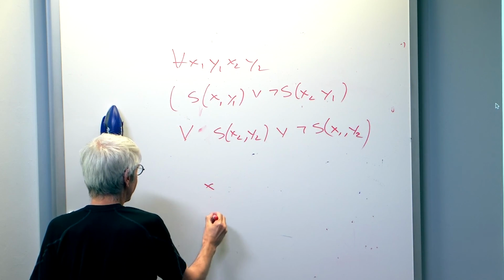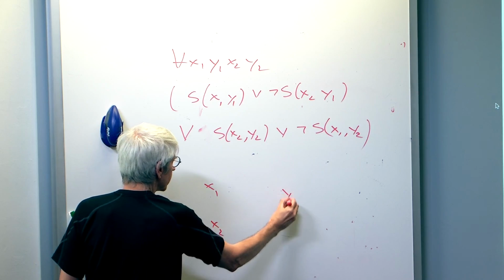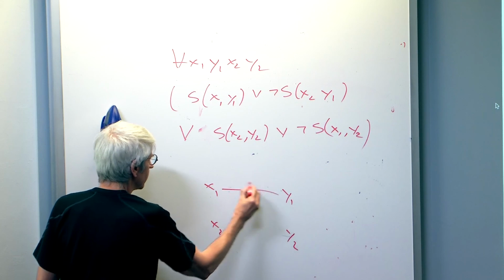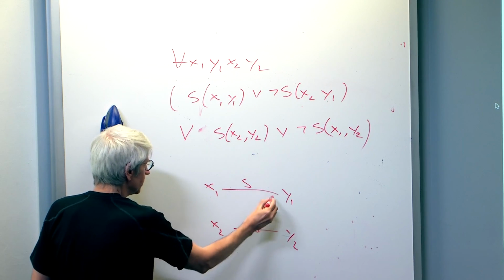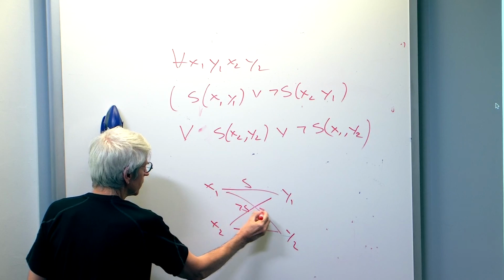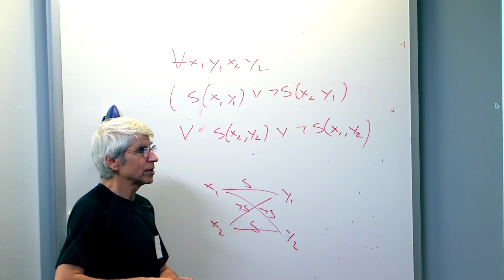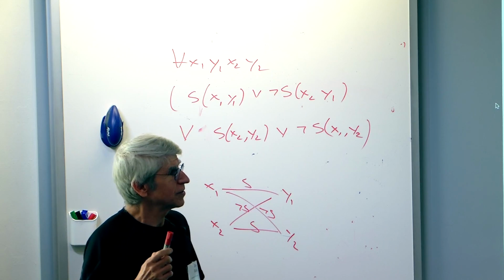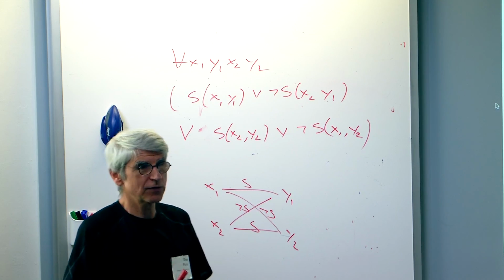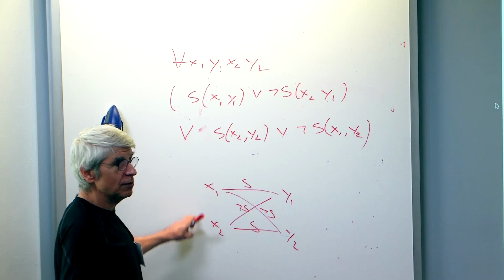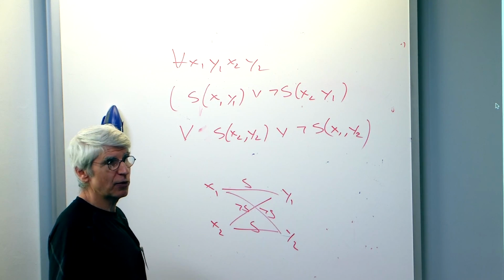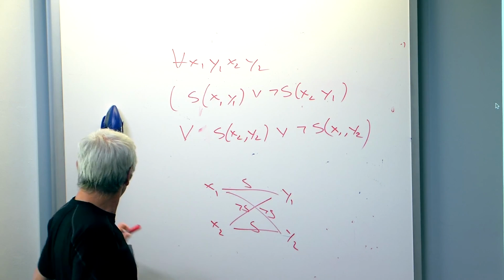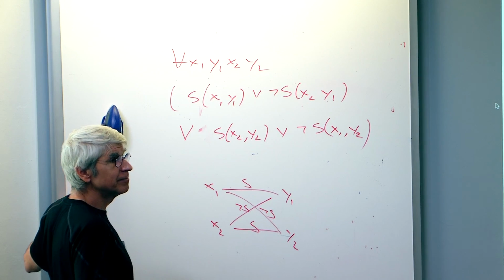So if you think of the variables as being placed here, x1, y1 by 2, y1 by 2, then you get a positive s for these two edges, and then negative s for these two edges. And we don't know what the complexity of this query is, because he was commiserating with me trying to find the complexity of this query. We know that this query can be computed in polynomial time over symmetric databases in a very complicated way. We don't know what the complexity is over general databases.